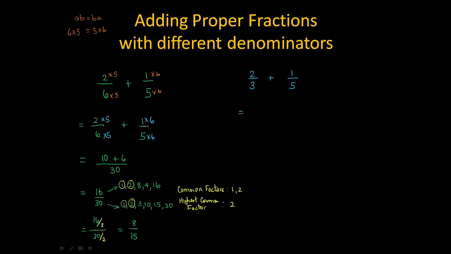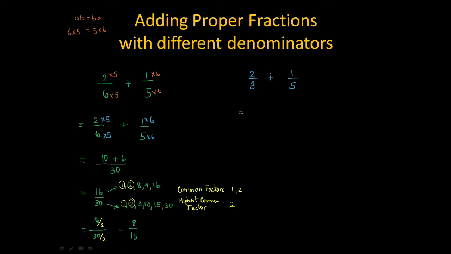If you can't see how to bring it down to the simplest term, you look for the common factors and determine the highest common factor. From there, you end up with 8 over 15. You know this can go down because 16 and 30 are large even numbers, so you can bring them down.